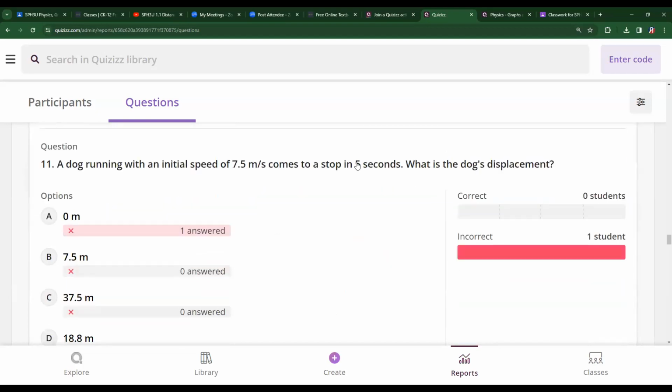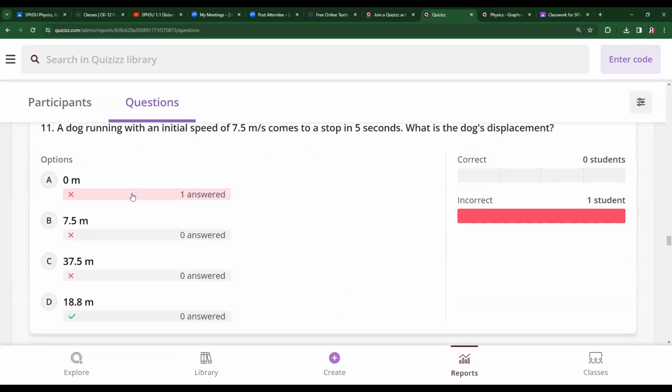Okay, so you have speed, time, how to get displacement. Okay, so they didn't say that dog was running with acceleration. So speed multiplied by time gives you distance or displacement in that case. So 7.5 multiplied by 5, close to 18.8. And they recommended this answer. Like around 7 by 5, 35. Comes to a stop.